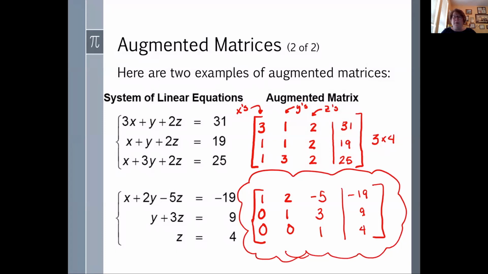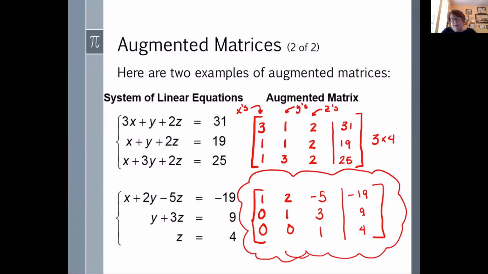Once it's in the form of the second matrix on this slide, we can find Z, then find Y, then find X. This is called row echelon form, and we do that by using row operations.